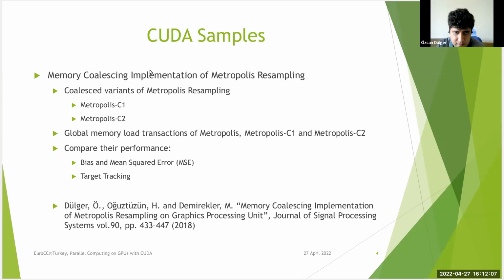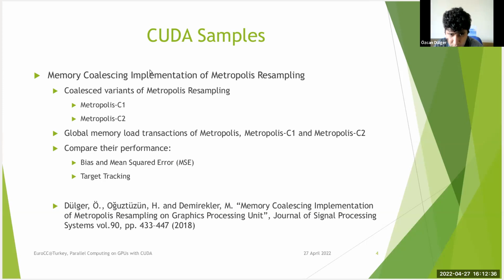In this session, I will show you one of the works that we did in the past, which is the memory coalescing implementation of the Metropolis resampling algorithm. I will show you our proposed variants of Metropolis resampling, which are Metropolis-C1 and Metropolis-C2, and we investigate them in terms of global memory load transactions.